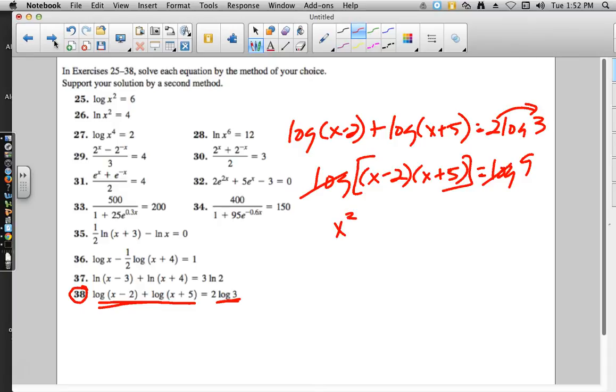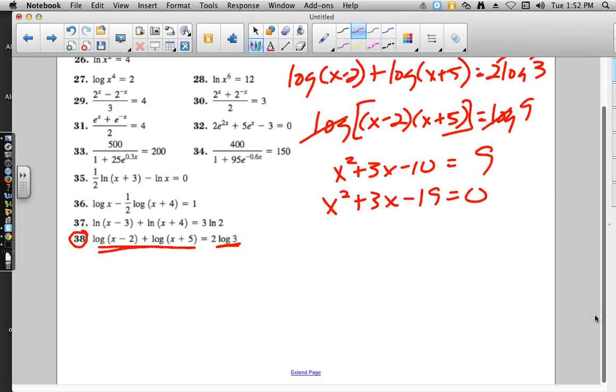And I'll do a little FOIL action on my parentheses, move it over, but we pretty much know already what's going to happen here. We don't have two numbers that multiply to negative 19 and add to 3 in the middle there. And I think I'm going to go ahead and complete the square, even though this will be another fraction one. So we have x squared plus 3x, move that 19 back over to the other side, and then we would have 3 divided by 2 squared, which is 9/4.